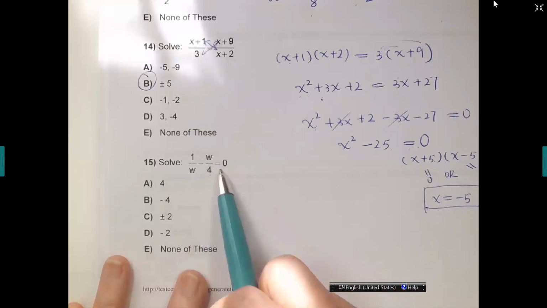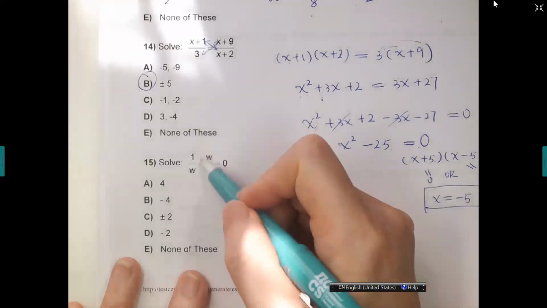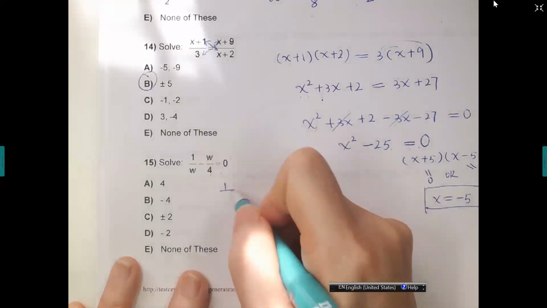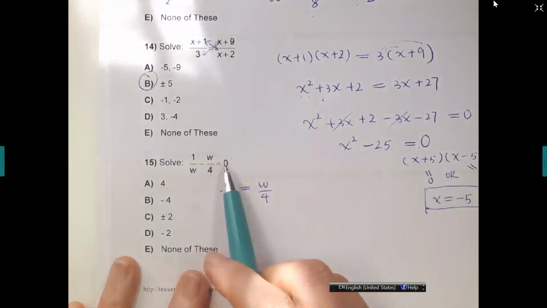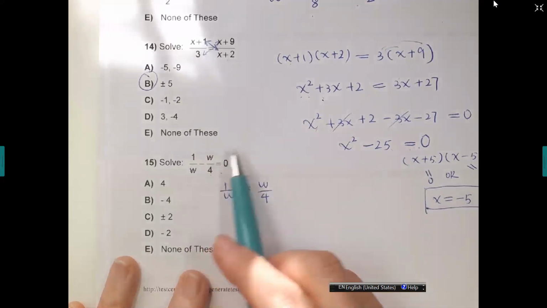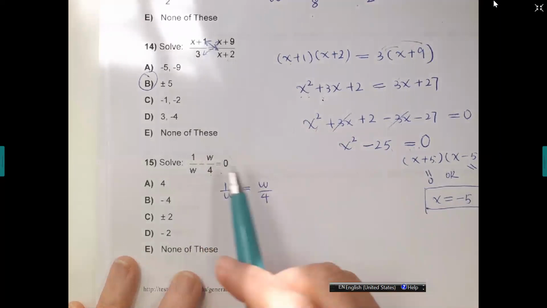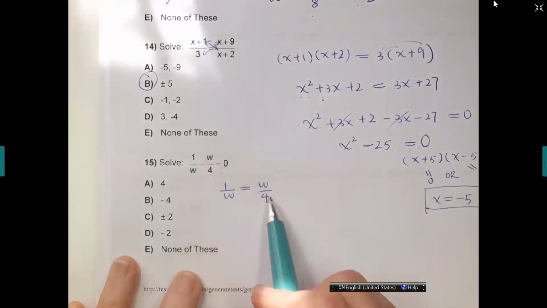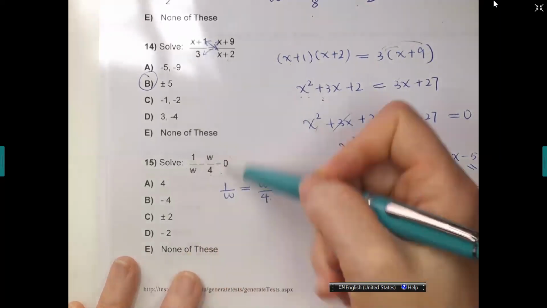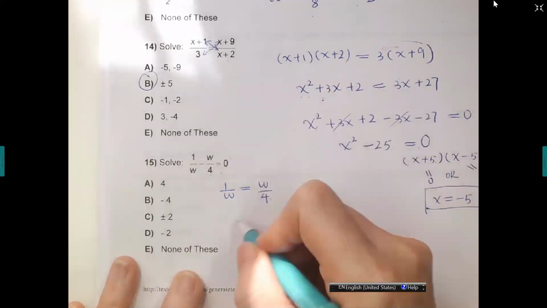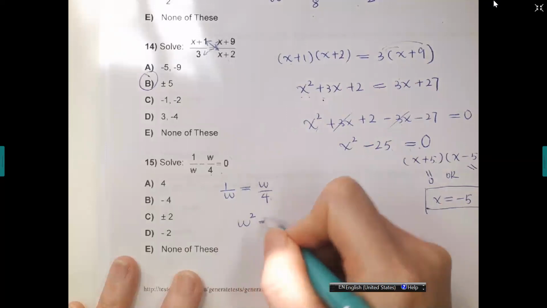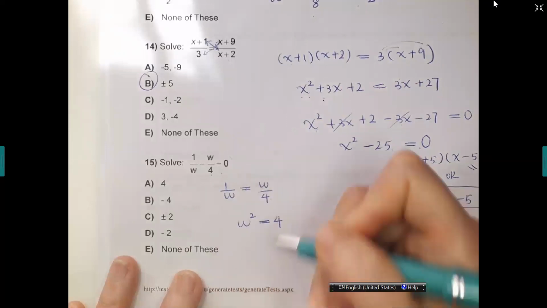Or I notice for this one, I can move one term to the right. It turns into 1 over W equals W over 4, because 0 plus anything is still that one. So plus W over 4 on both sides. Now we have the special rational equation, so cross multiply. W times W, W squared, equals 1 times 4, 4.